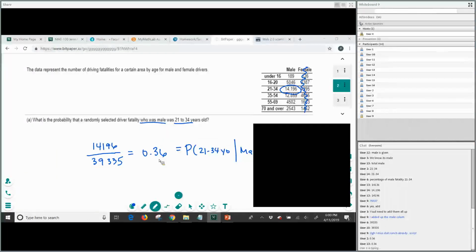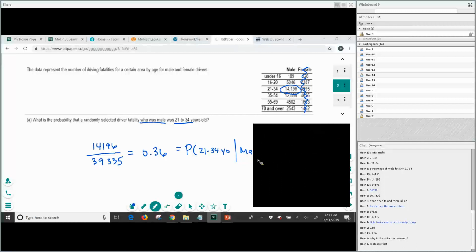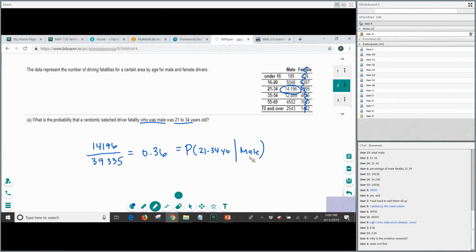Okay, any questions about the table problem, how we got those numbers, that notation that I just wrote down, or anything else about this problem? I see typing, so I'm just waiting for the typing. Why is the notation reversed? Reversed how?